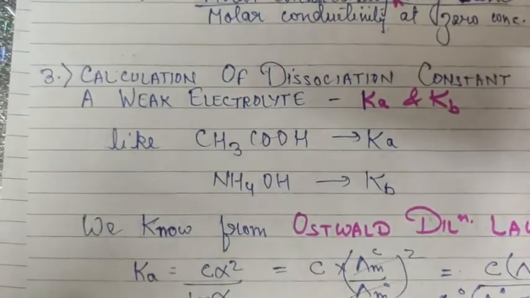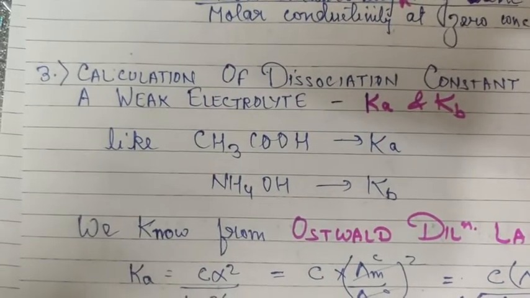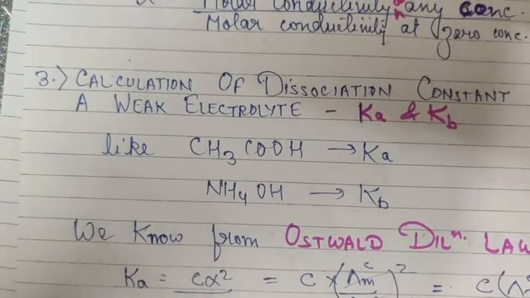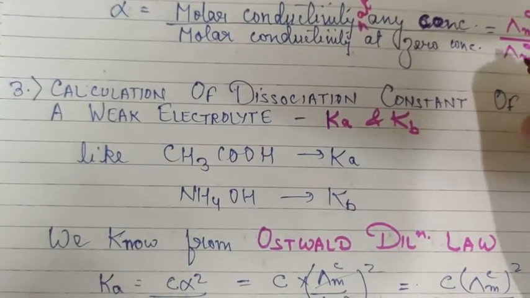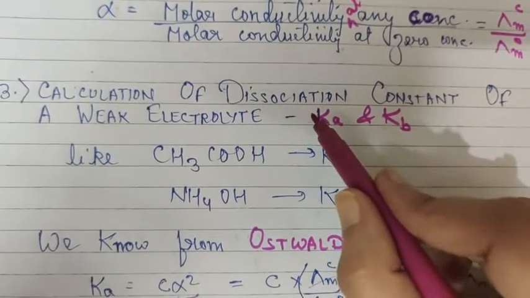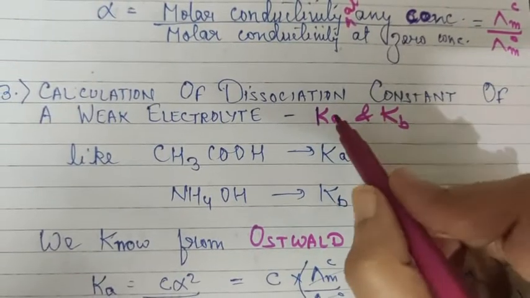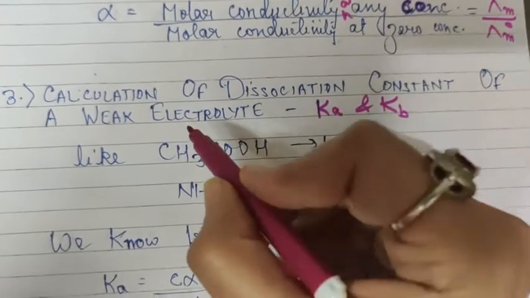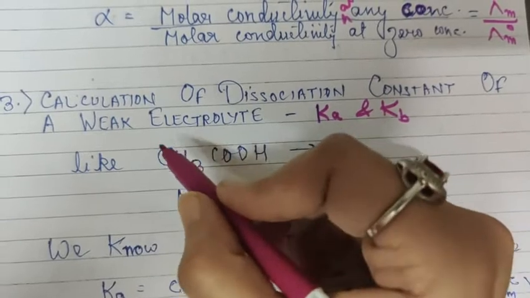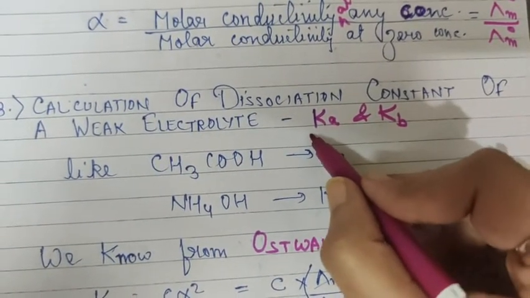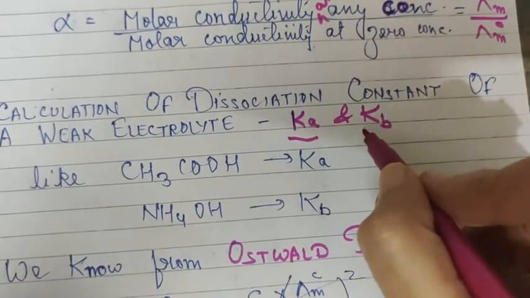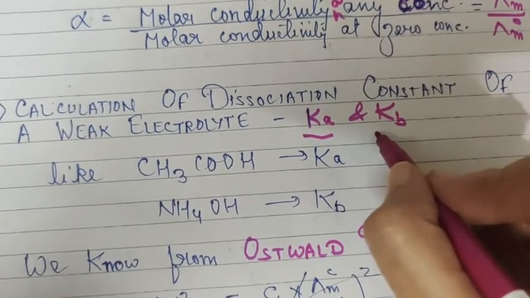Now moving ahead, that is the calculation of dissociation constant. The third application of Kohlrausch's law is that it can help us find the dissociation constant of a weak electrolyte, whether a weak acid or weak base. In case of an acid, the dissociation constant is represented by Ka, and in case of a base, it is represented by Kb.